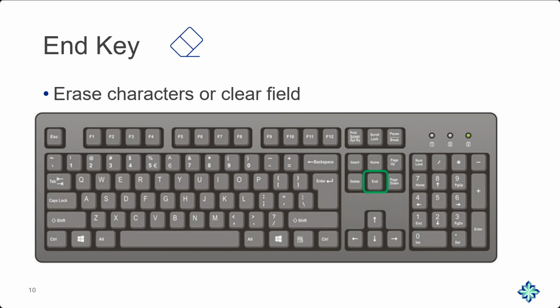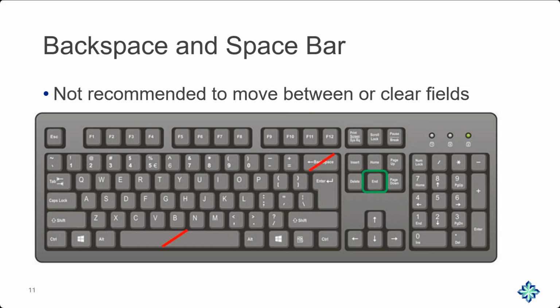Now your end key, for the same reason that we just talked about, when you're removing or erasing characters, we suggest using the end key rather than the backspace and space bar. The backspace and space bar, using them to clear fields or to move between fields is not recommended.